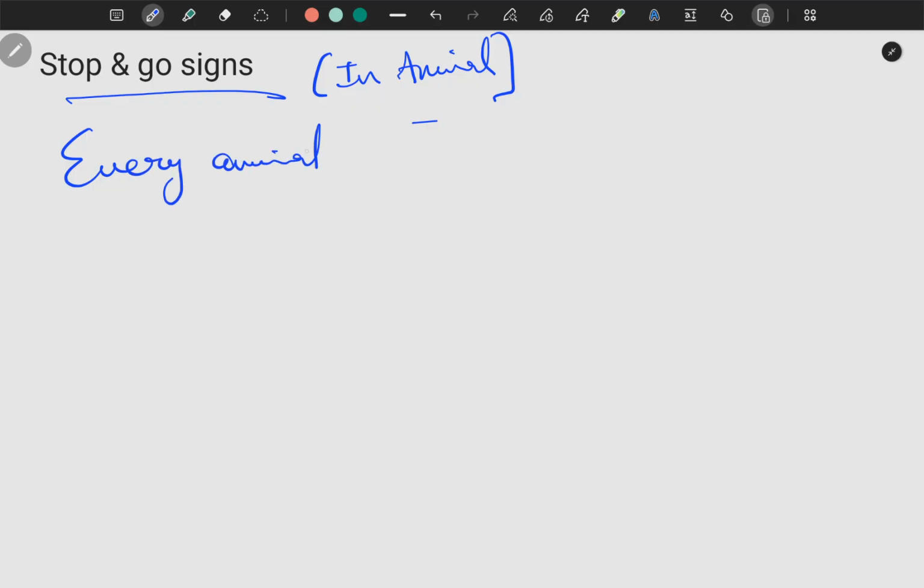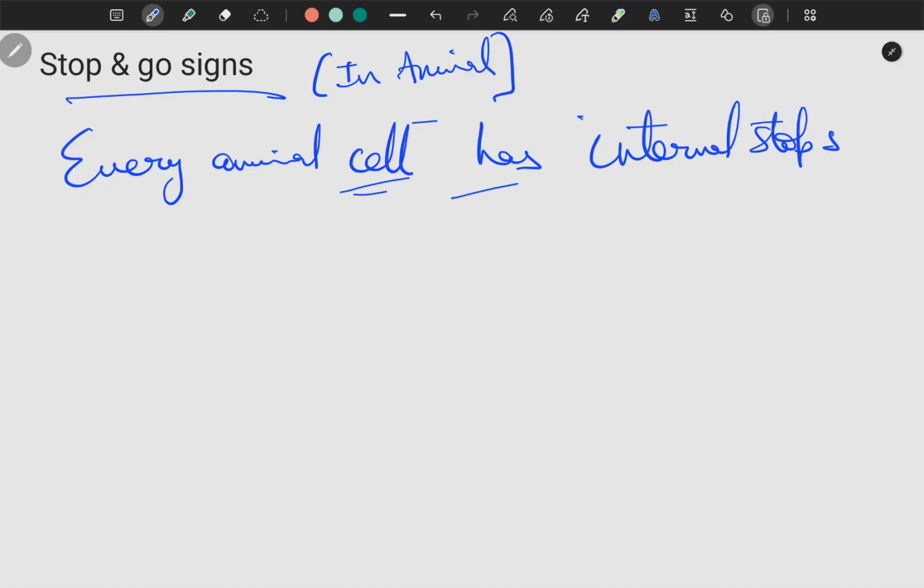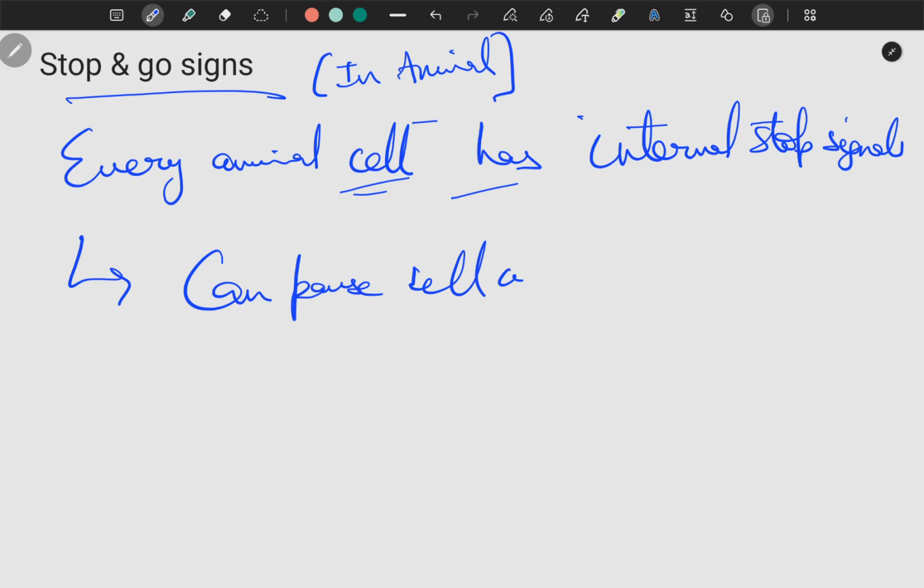Every animal cell has internal stop signals, which means these signals can pause the cell cycle naturally at some checkpoints.